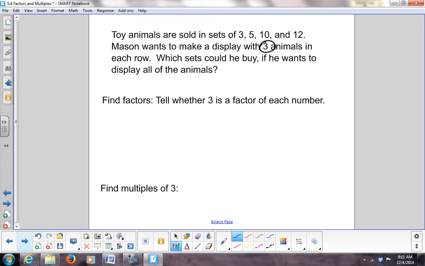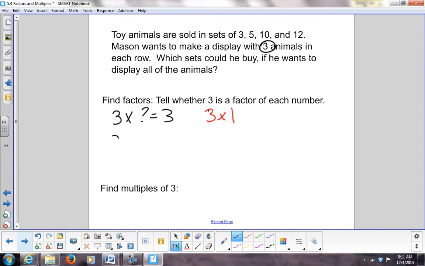What I mean is, can 3 times something equal 3, 5, 10, 12? Well, let's check. First, 3. Can 3 times something equal 3? Yes, 3 times 1 can equal 3.